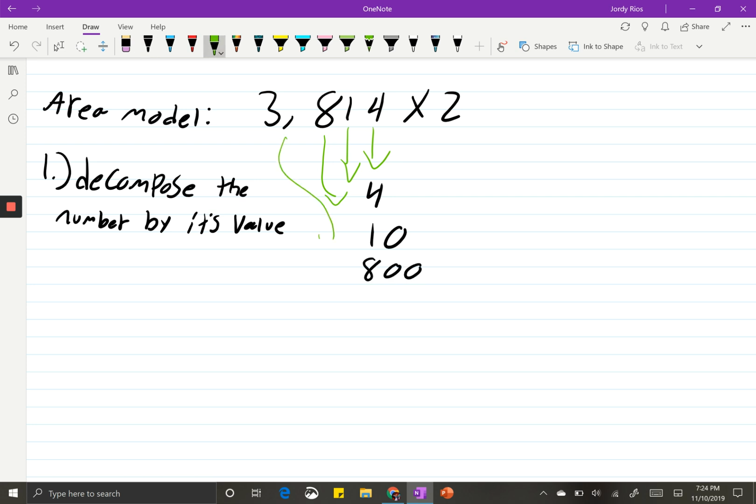And lastly, this 3 is in the place value of thousands, but the value is 3,000. So again, ones, tens, hundreds, thousands.